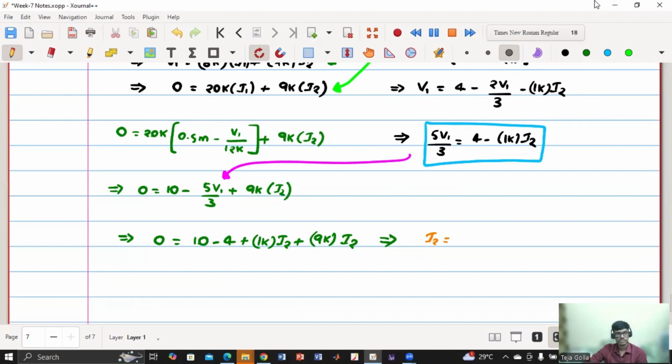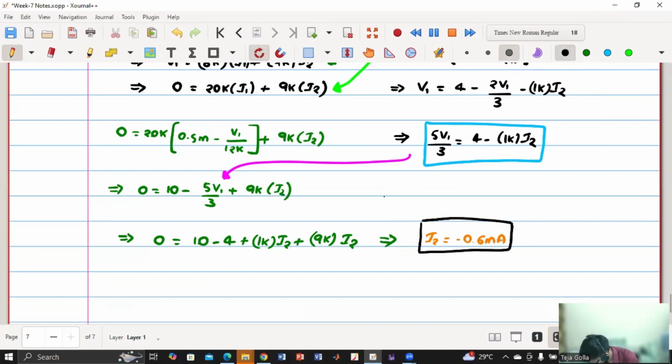Anyone? Yes, 0.6 milliampere, but there will be one minus sign, so it will be minus 0.6 milliampere.